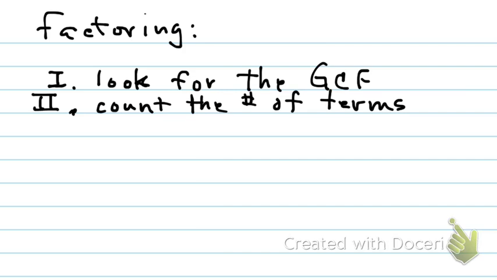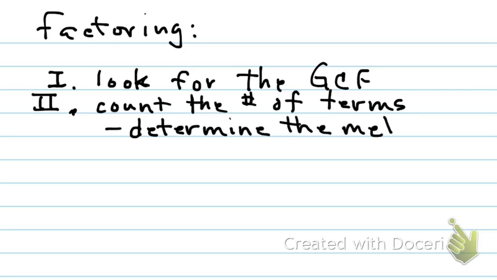And we need to know how many terms, because that's going to determine the method that you'll use to factor it. Every time you change the number of terms, you change the method you're going to use for factoring it. Okay? So you have to know how many terms there are, right?